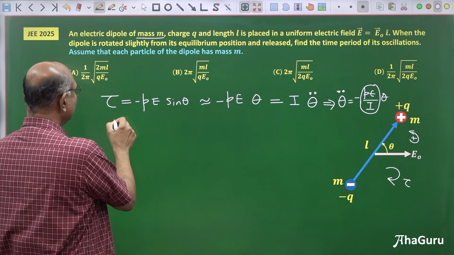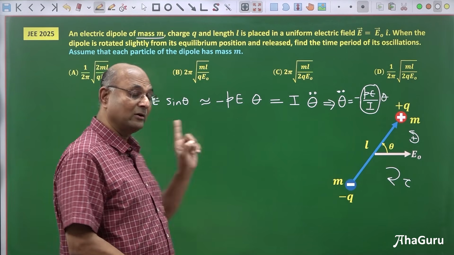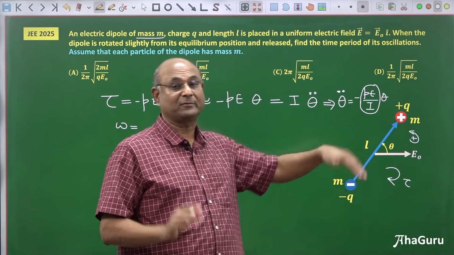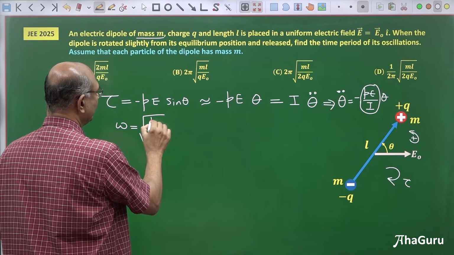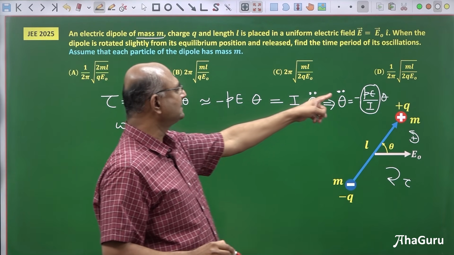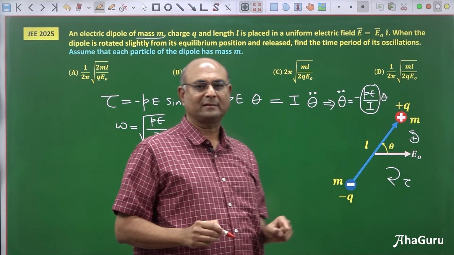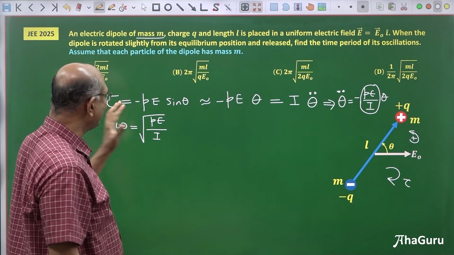So the angular frequency omega, this is not angular velocity, it's the angular frequency of oscillation, is root of P E by I. Because theta double dot is equal to minus omega square theta, omega square must be P E by I. So far all clear?